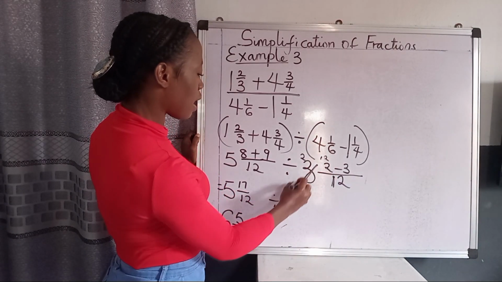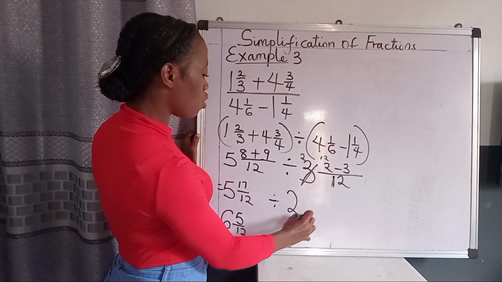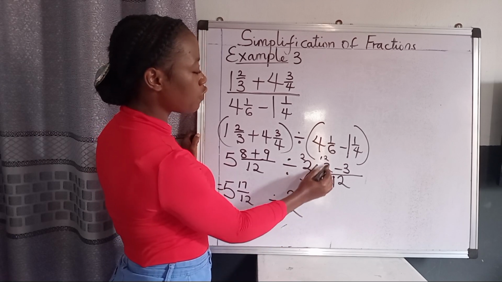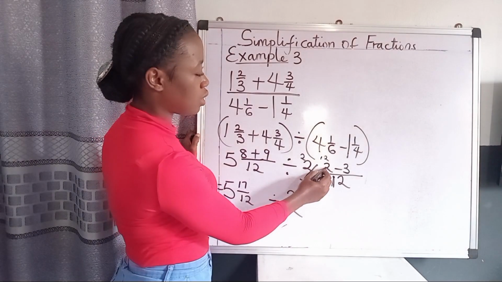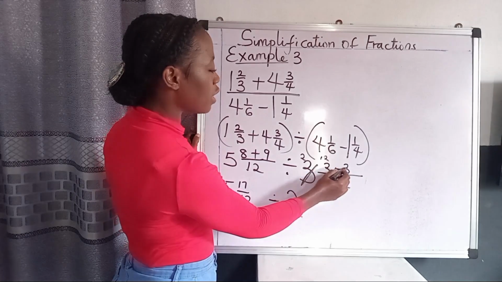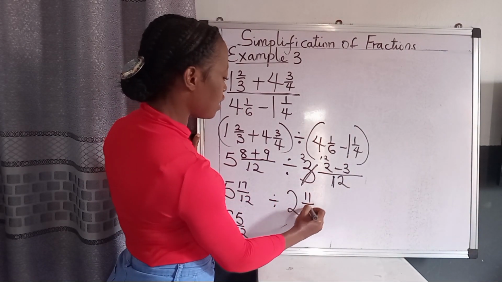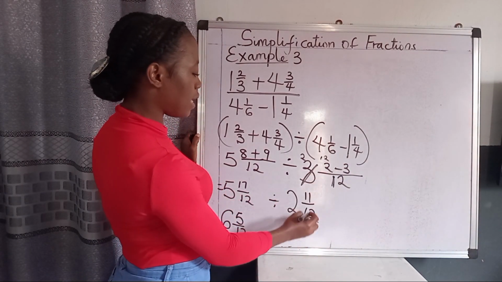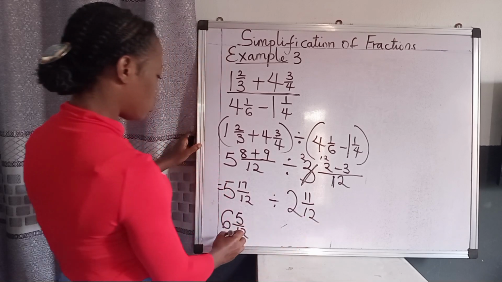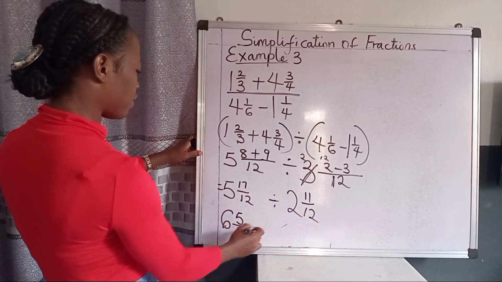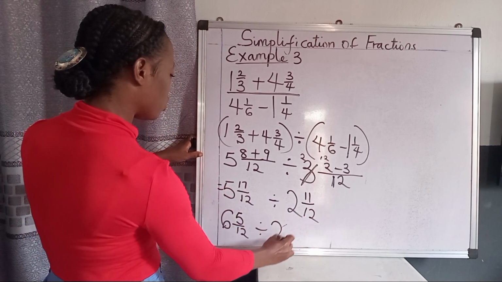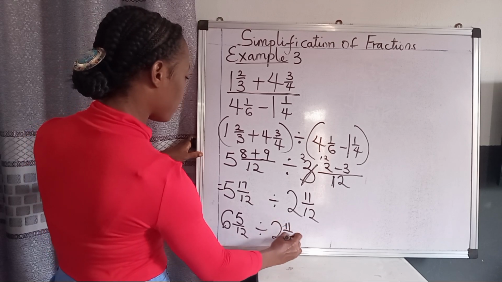So I'm left with 2 whole number. Now 12 plus 2 will give me 14. Now 14 minus 3 gives me 11. So finally I have 2 whole number 11 over 12. So I'm going to have 6 whole number 5 over 12 divided by 2 whole number 11 over 12.